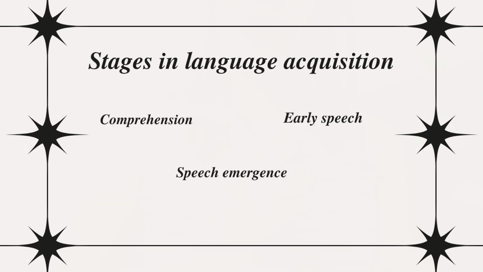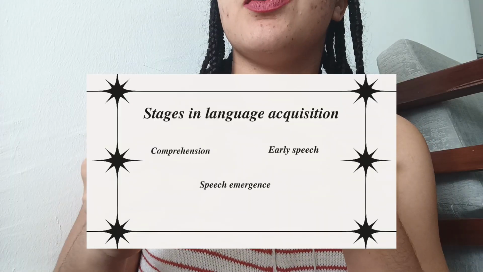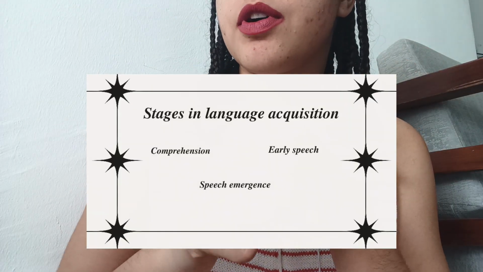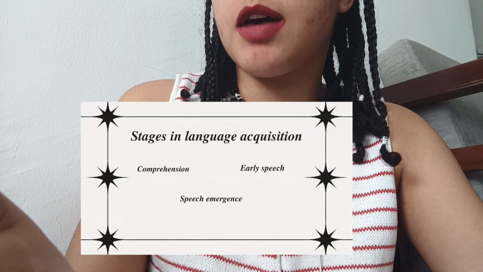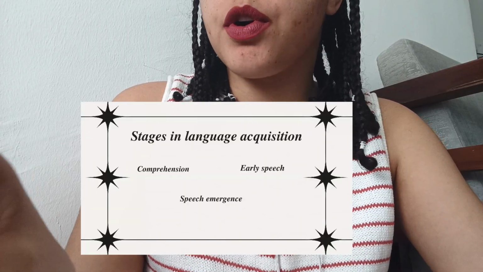The first is comprehension, in which you familiarize yourself with the language, you consume content in the language, or consume things with comprehensible input, so you learn the basics, understand how the language works and learn more vocabulary, etc. The second stage is early speech, in which after you have been interacting with the language for some time, you start producing your first words and your first phrases, and you start speaking slowly.